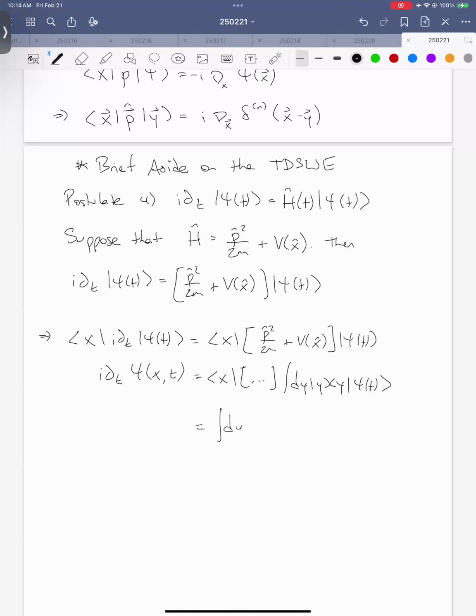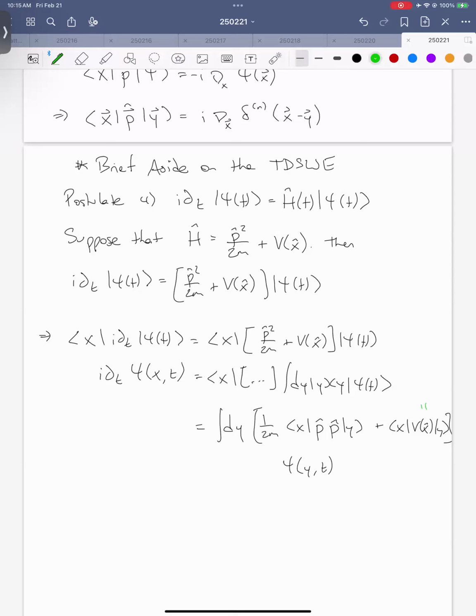So this is our integral dy, 1 over 2m, x p hat, and if you want, p hat y, plus x V hat y, and all of this is hitting my psi of y and t.